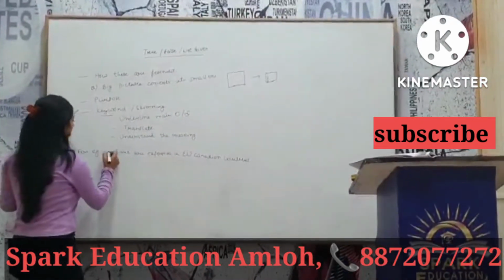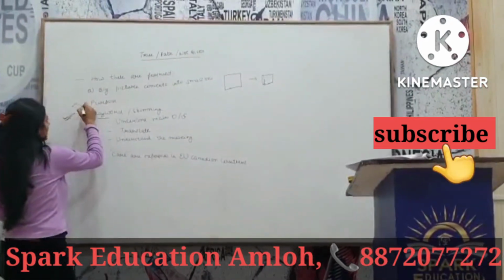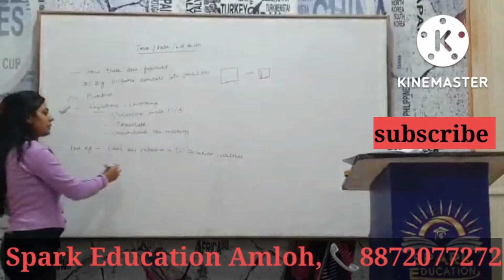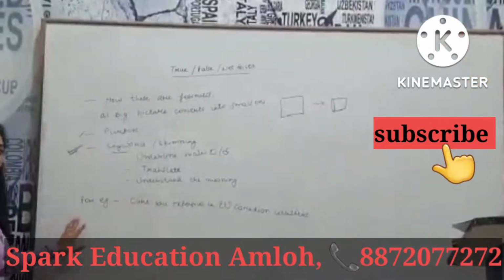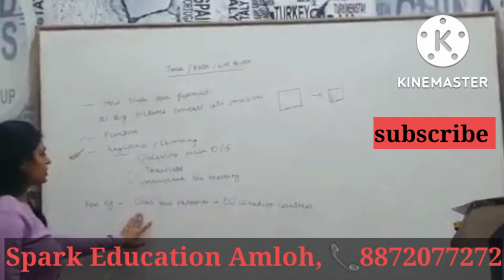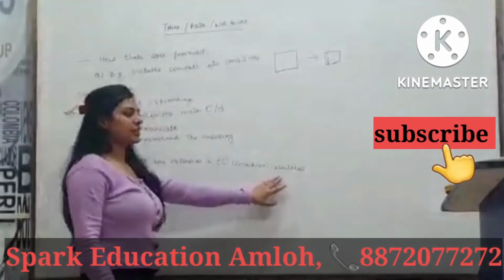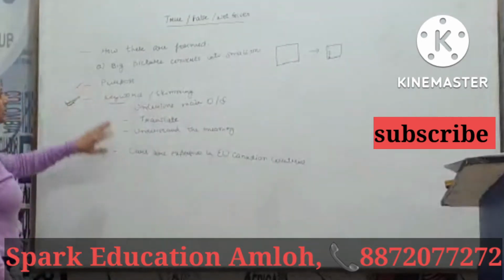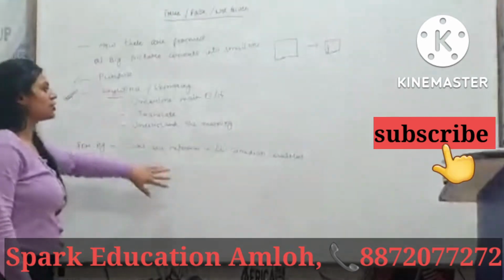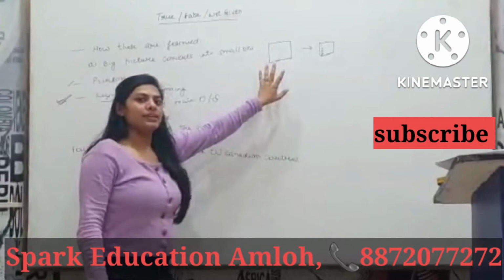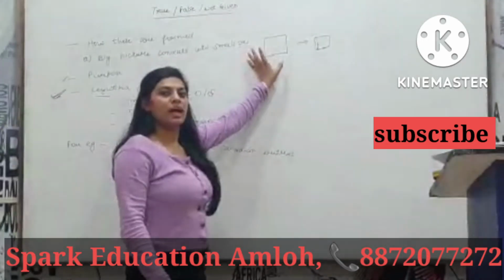That's the first thing. And the second thing is you have to understand the purpose of the question. So what is the purpose of the question? For example, we have the question, cars are expensive in EU Canadian countries. So first of all, as I said, you have to understand that this question is taken from the big paragraph. That means you have your answer in that big paragraph.